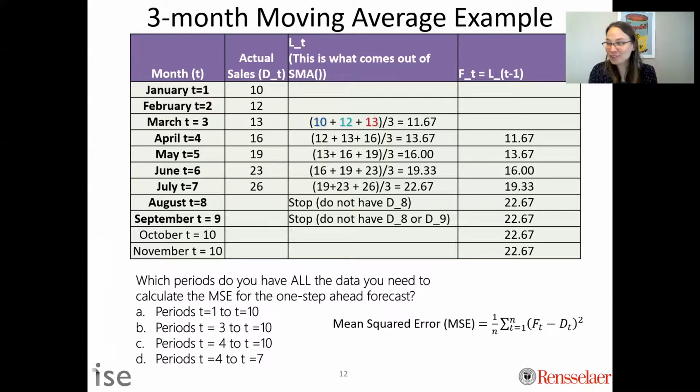All right, so hopefully you picked D. D is the correct answer. And the key thing here is you need both the observed, the actual sales for this example, and a forecast. So you would have demand for periods 1 through 7, and you would have a forecast starting in period 4 going off until infinity, right?